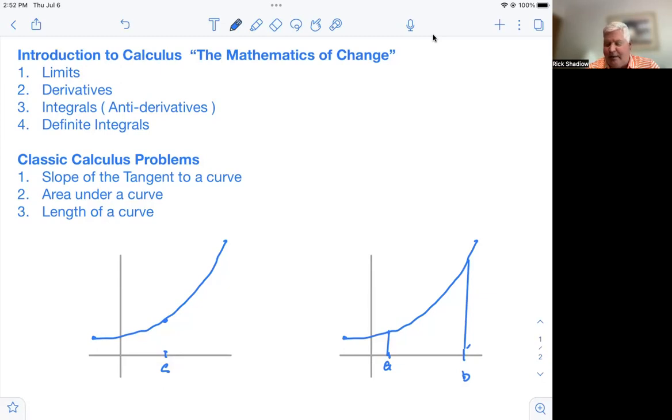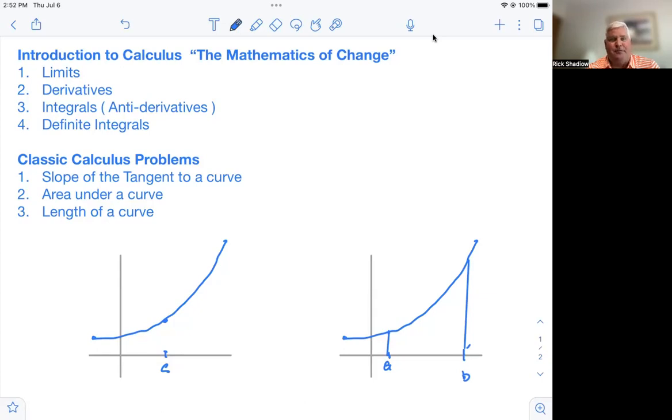It has 4 major concepts, and limits are what you're starting with. Limits will be in unit 1 and unit 2, and then we'll use limits in units 3 and 4 to introduce the idea of a derivative. Those of you who've taken physics have a little bit of an idea of what a derivative is, but I'll expand upon that as we go on.